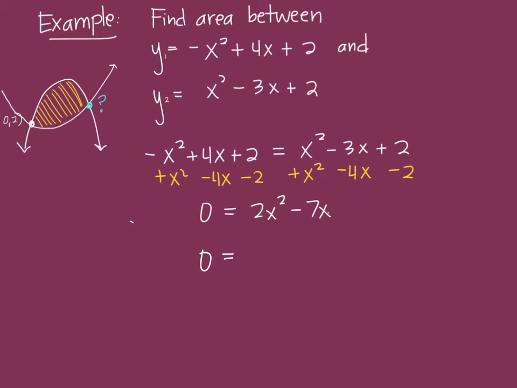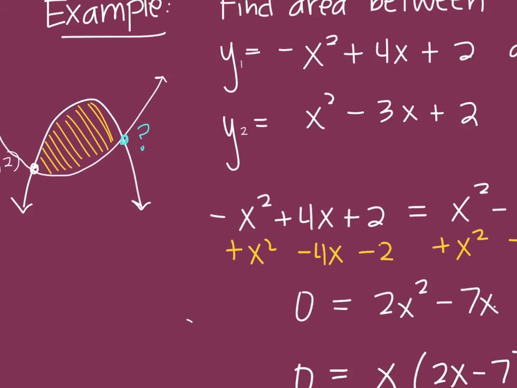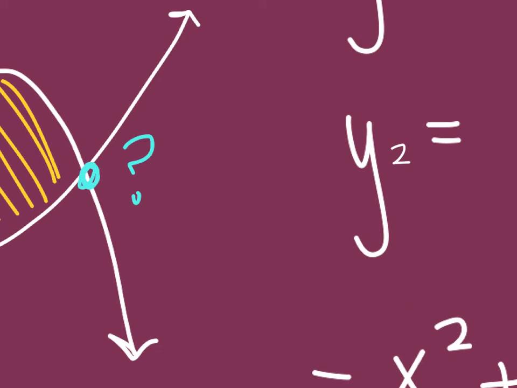So I solve that with factoring. They have x in common, which leaves me with 2x minus 7 as the other factor. And so x equals 0, and x also equals 7 over 2. And those are the two intersection points. We already had the 0, but now we know that this other intersection point here is 7 over 2.